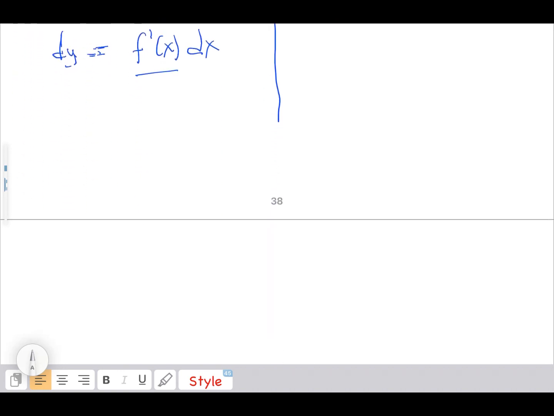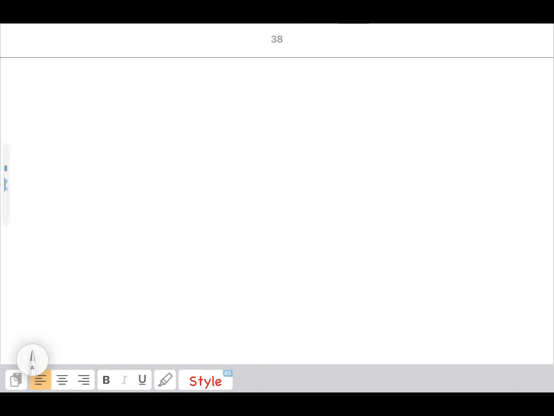First of all, for y equal to f of x, which is equal to x power 3, find dy.